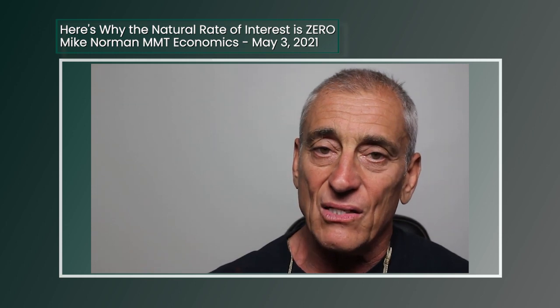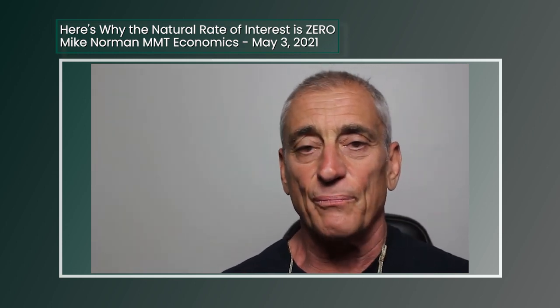The second reason that the natural rate of interest is zero is because as the government spends, that cash just piles up, those reserves just pile up in the banking system, creating a natural tendency for rates to gravitate towards zero. You know, that's the whole thing. I mean, we've seen this unprecedented expansion in the monetary base, and rates continue to gravitate towards zero.